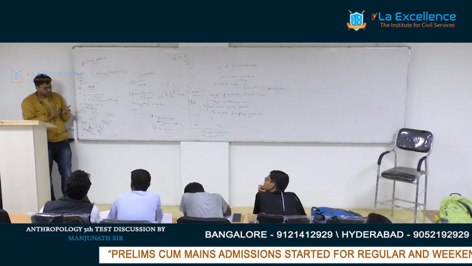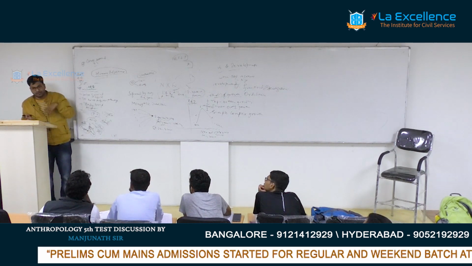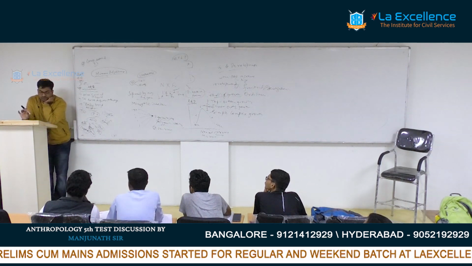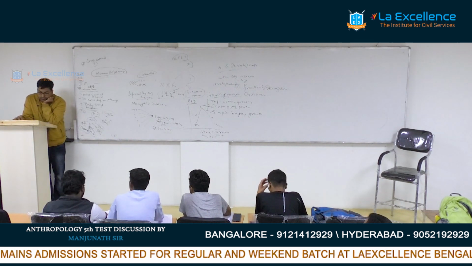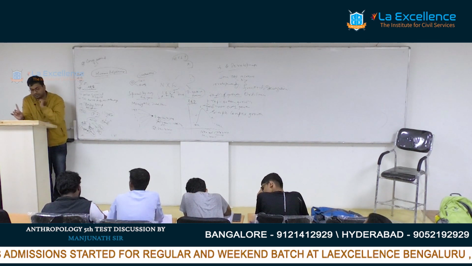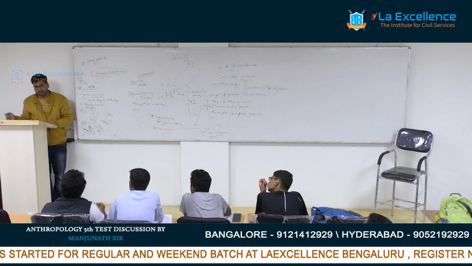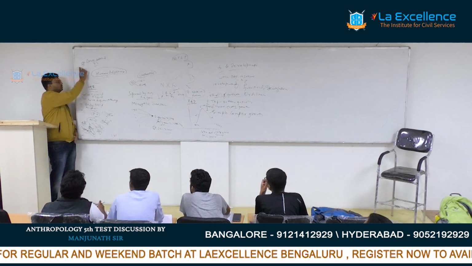And for general merit guys, if they leave 30 marks, it's almost like being out of the list. So that is why you have to take a lot of care. Completing the syllabus is very essential, because in the compulsory question you don't know what will come up over there.